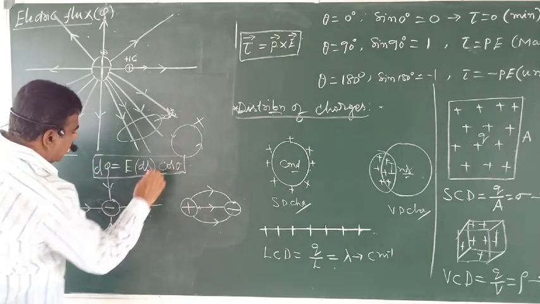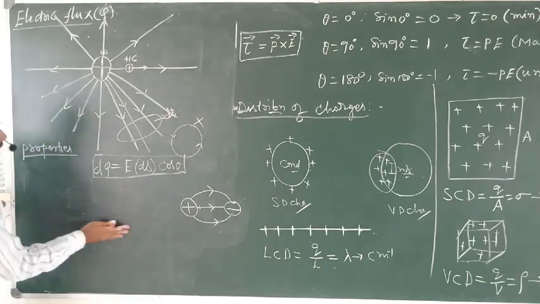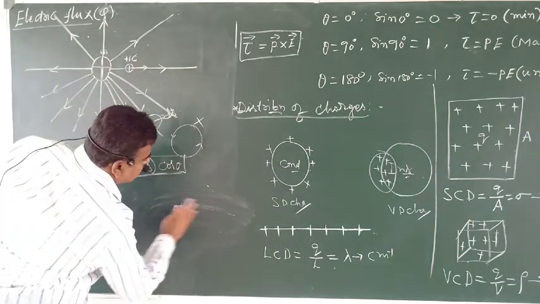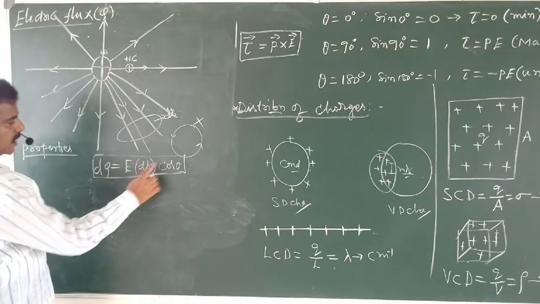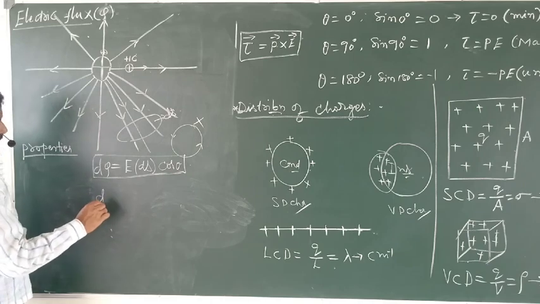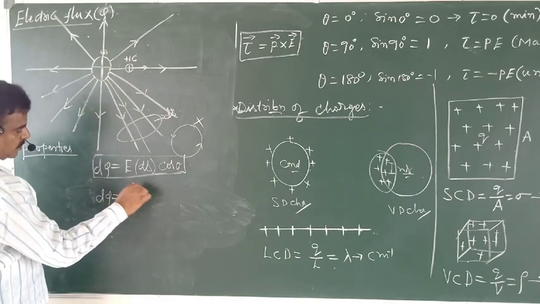Therefore, the electric flux through an area is given by E dS cos theta, which can be written as dφ equals E dot dS.